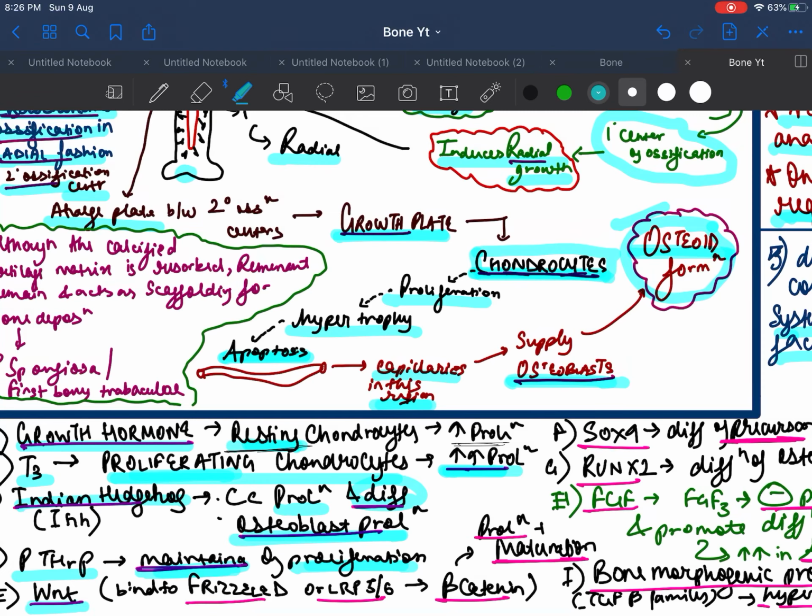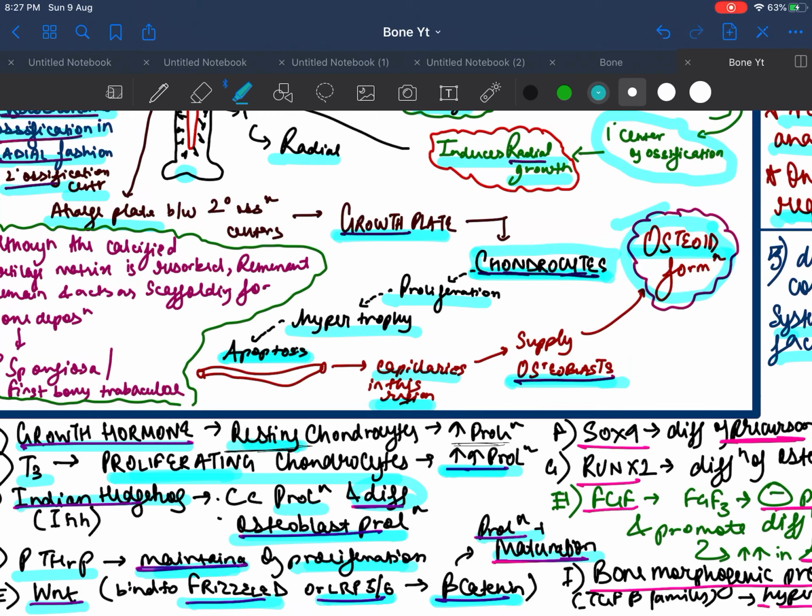This WNT signaling pathway is very important for the activity of osteoblasts. It binds to the frizzled or the LRP5 or LRP6 receptor, and it activates the beta catenin pathway, which is responsible for proliferation and maturation of the cells of the bone.